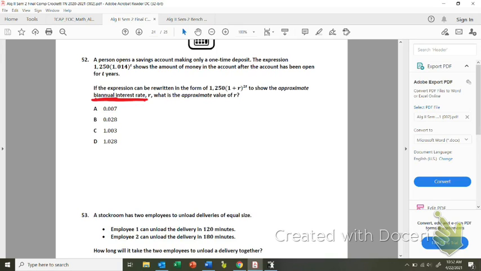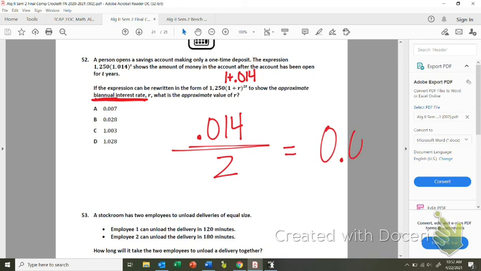What is the approximate value of R? Well, the R value, 1 plus 0.014. The R value right now is 1.4%. If you change that to a percent, we're just paying that biannually. So we're dividing that by 2 to get 0.007. Okay.